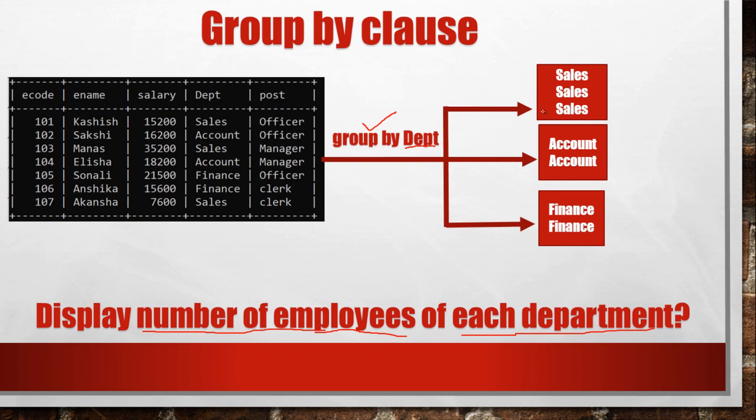In the first group all the sales department records are included, in the second group all the accounts department records are included, and in the third group all the finance department records are included. Once all these records are included, the system will consider all these groups one by one for finding the result.